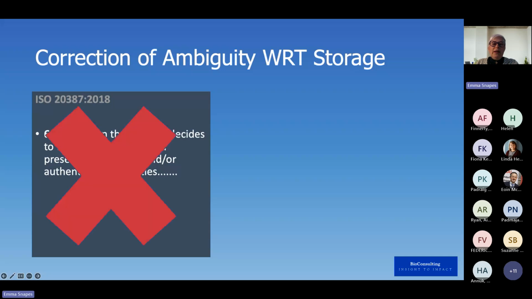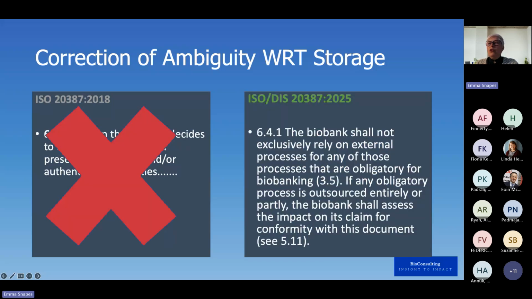So within the revised edition that you're able to examine in the public consultation process, the option for this has been effectively eliminated with the first part of clause 6.4.1. The biobank shall not exclusively rely on external processes for any of those processes that are obligatory for biobanking.